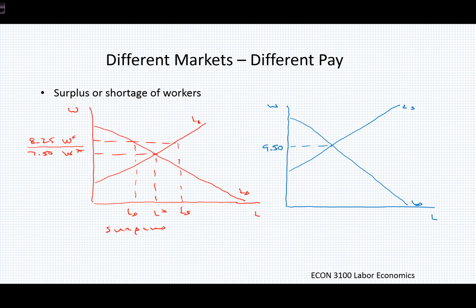So it equilibrates at a higher level of W star, in which case the wage floor set in this market would be irrelevant, and there isn't a surplus or a shortage that arises in this particular market. We have an L star, but the demand and supply characteristics of this market simply yielded a higher W star than it did in the initial market.